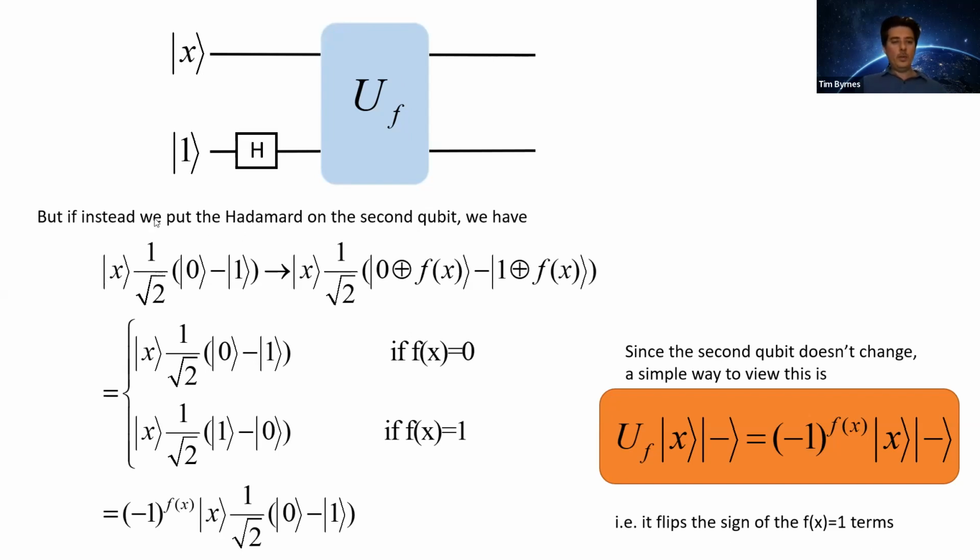Then when you perform this unitary, the first qubit is x, and for the second qubit, remember the Hadamard gate looks like this. We're looking at the second column of the Hadamard gate, so it's 1, 1, 1, like this. Because it's the second column, the output state is going to be |0⟩ minus |1⟩, this state here. Then we apply this oracle.